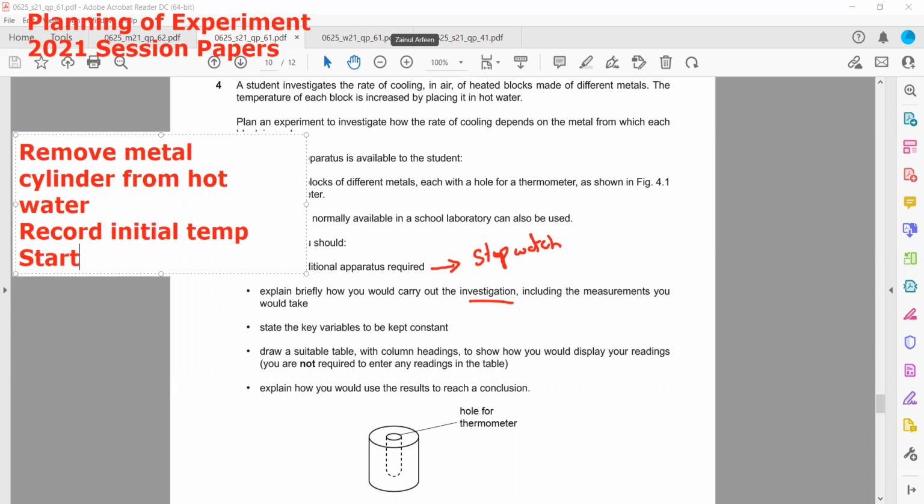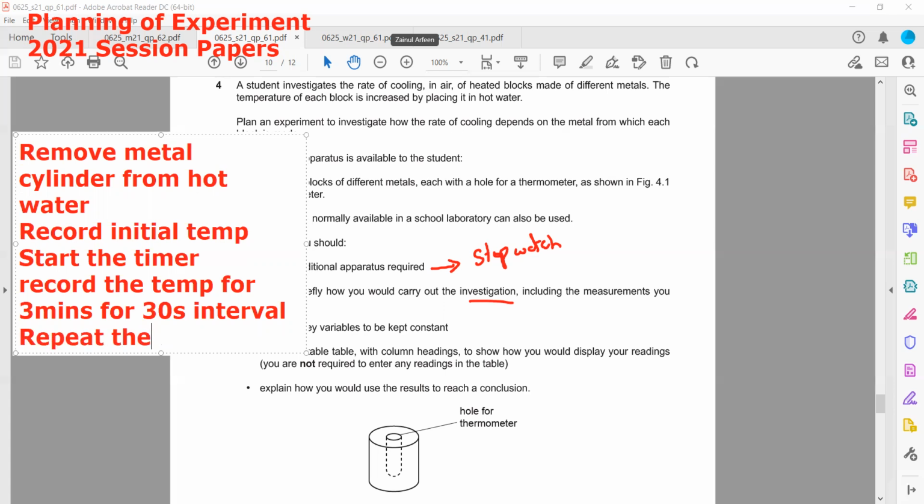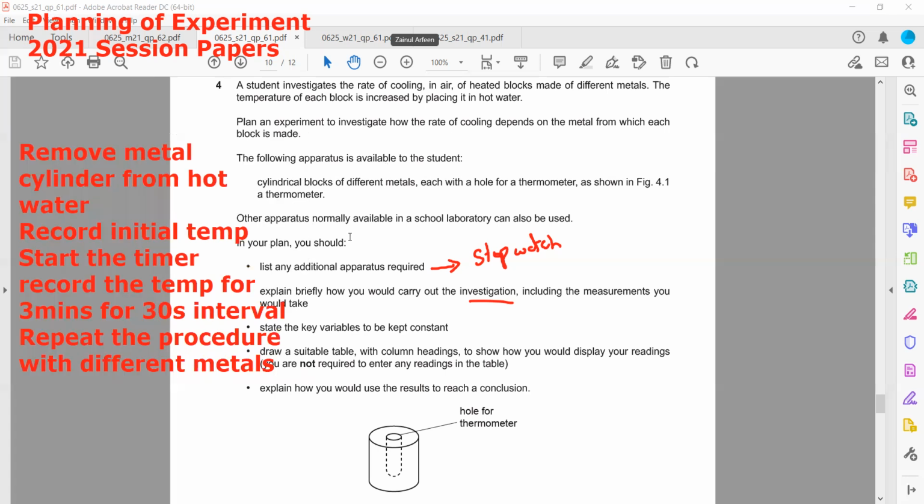Then we'll start the timer or a stopwatch and record the temperature for a specific time interval, like 3 minutes or 5 minutes, at 30-second intervals. After every 30 seconds we will measure the temperature, and we'll continue this till 3 minutes or 180 seconds. Then we'll repeat the procedure with different metals. So this is what we will do.